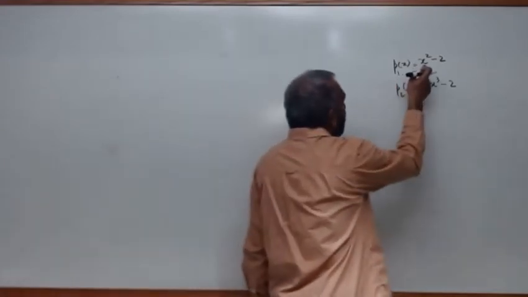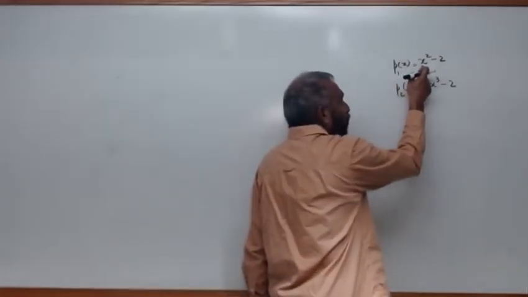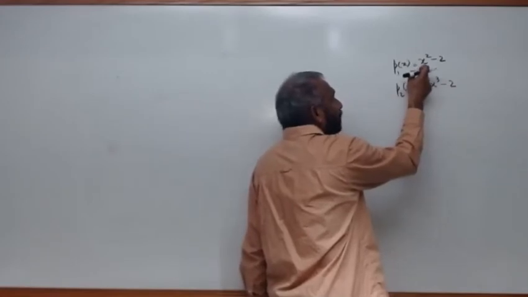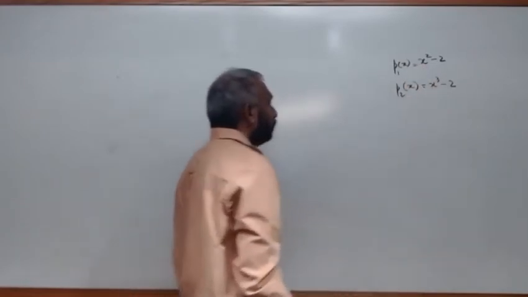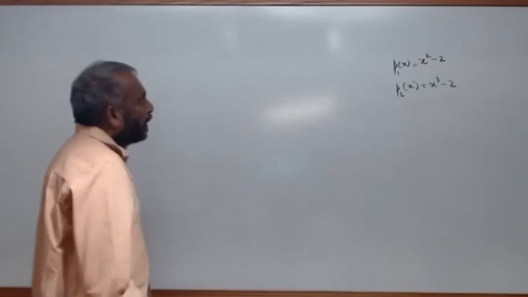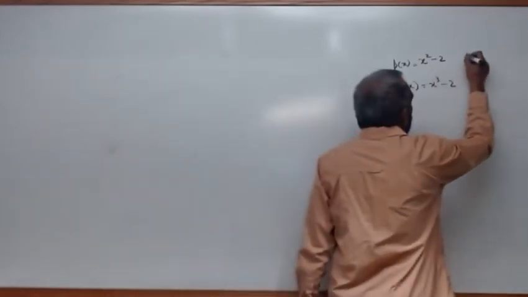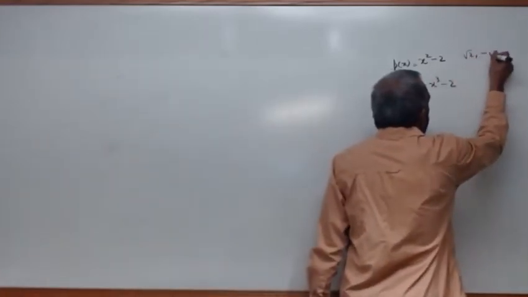This is a polynomial of degree 2, so it can have up to 2 zeros, and here it will be 3 zeros. And you know this is actually root 2 and minus root 2.